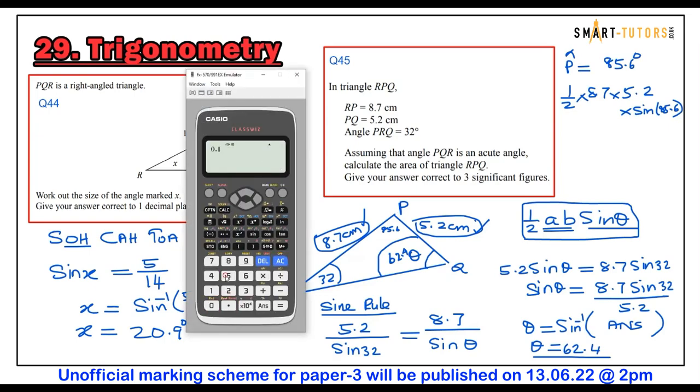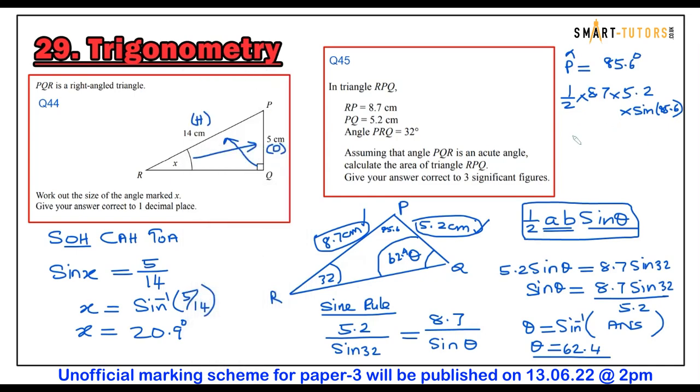Half means 0.5 times 8.7 times 5.2 times sine of 85.6, and to 1 decimal point, 22.6. So the area is 22.6 centimeter square, right? That is the answer for question number 45, and that is the end of trigonometry.